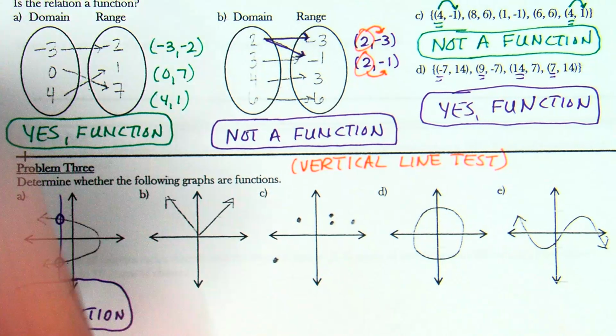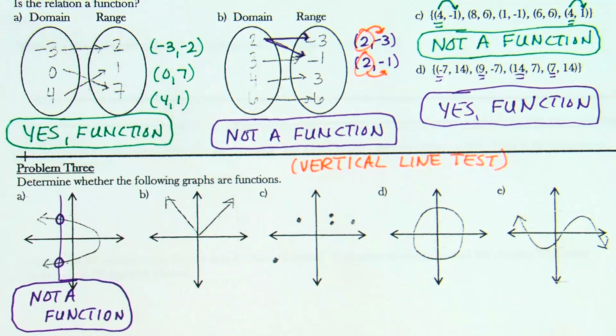Okay. So B. We have an absolute value V graph here. Not that you really have to know that, or not that that part matters. Thoughts on whether or not that one is a function? It's funky. Okay, Trevor, it's funky, but is it a function? Yes. Why? Because there's not a spot where it touches twice.